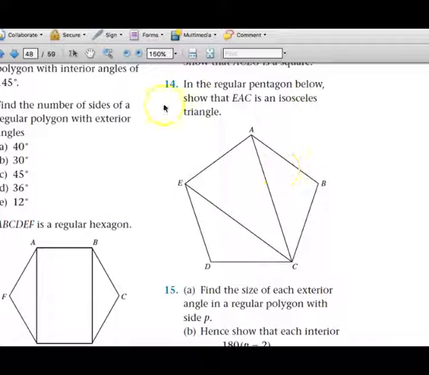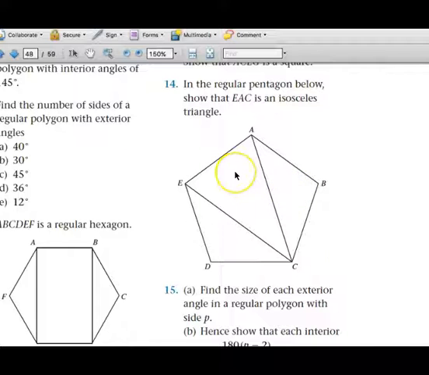In question 14, we've got a regular pentagon here, and they want you to show that AEC is isosceles. Obviously, more than likely, AC is going to equal CE. Again, how would you do it? Proving congruence. Proving that ABC is congruent to CDE. Therefore, AC and CE are corresponding sides of congruent triangles.